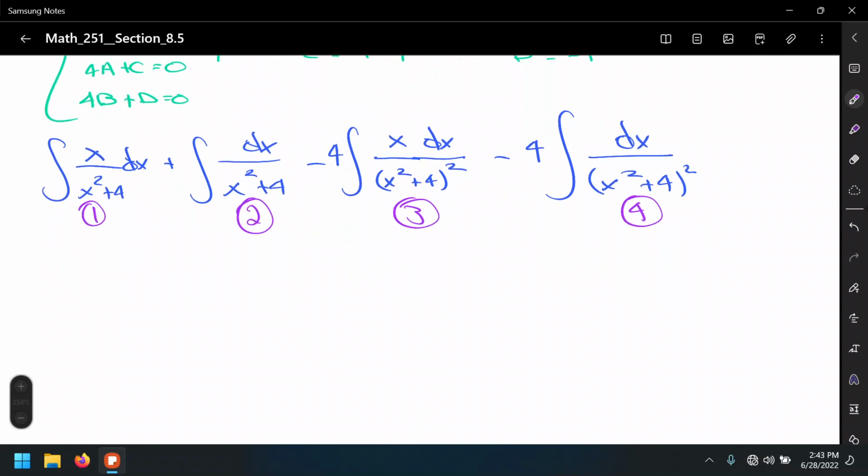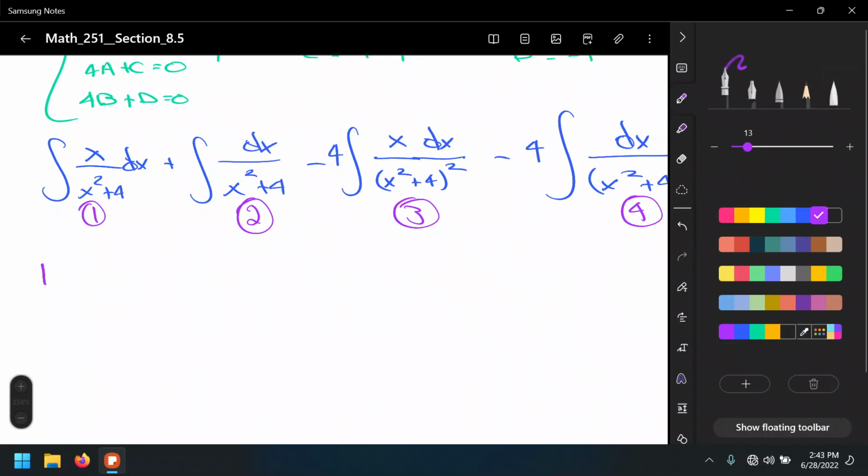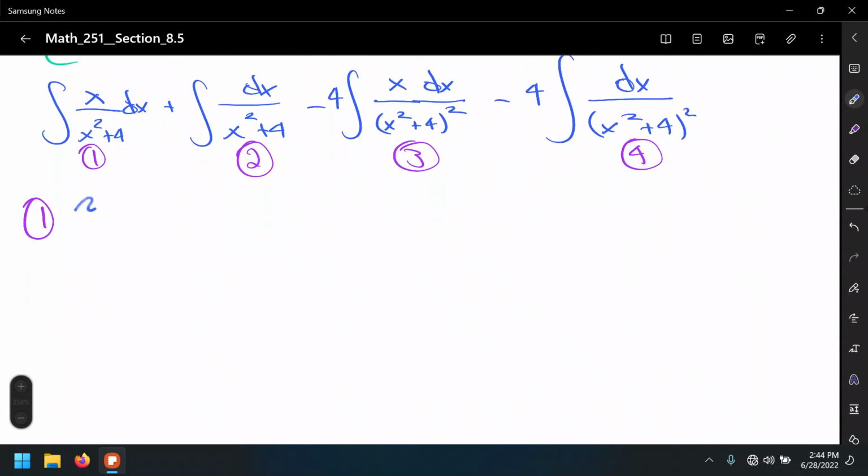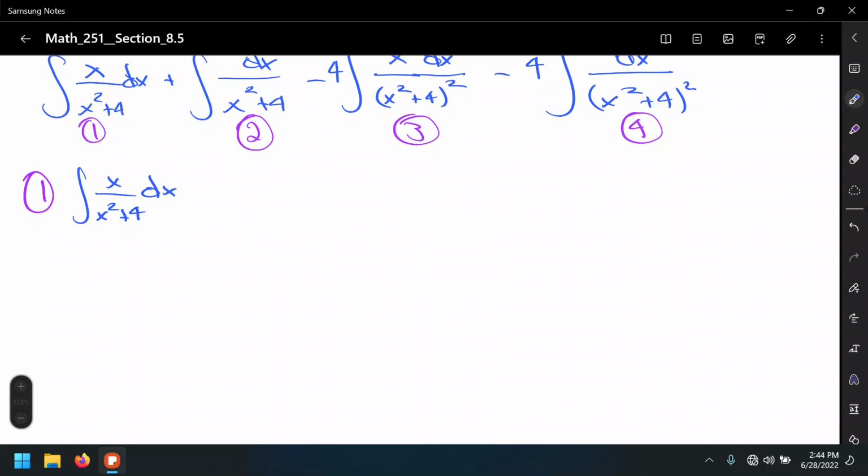Okay, the first one. Let's have a look at the first one. Okay, number 1. That's the integral of x over x squared plus 4 with respect to x. Well, in this case, any ideas on what method to use?